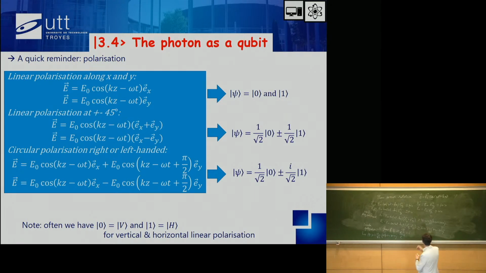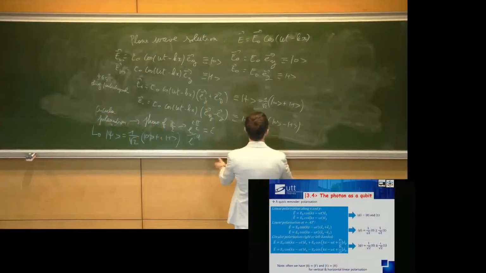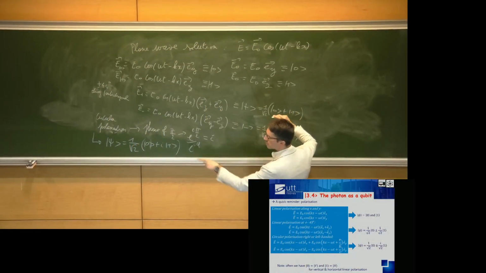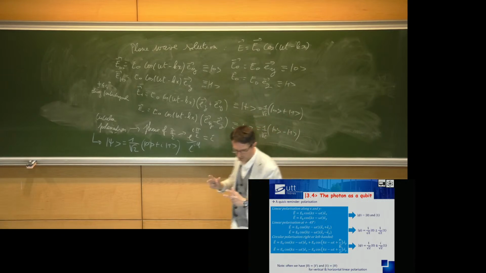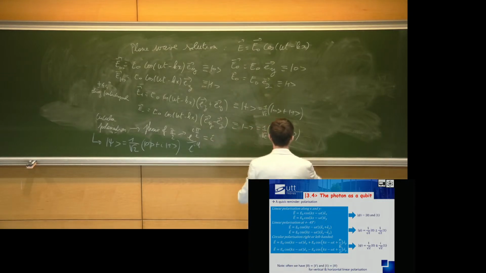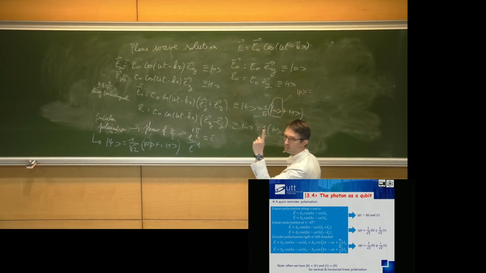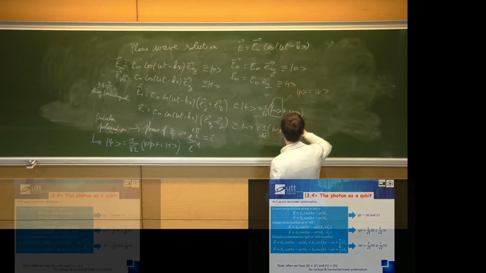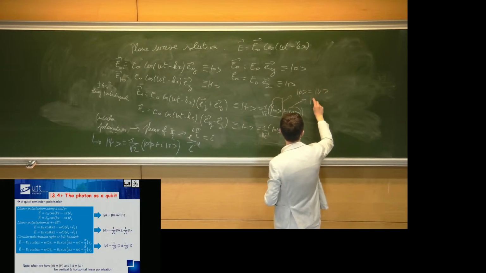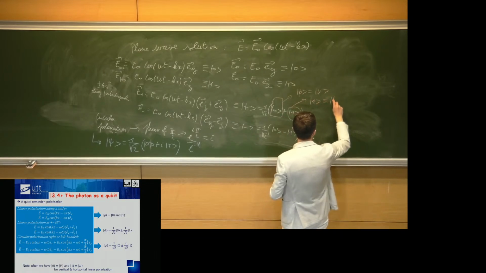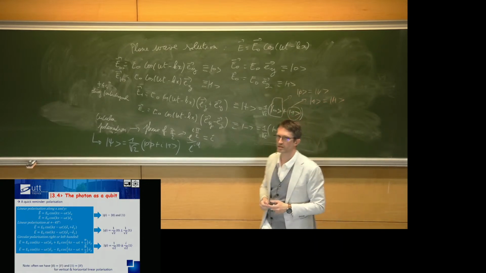Like I did here, I used plus minus, but physicists like to use V. I believe usually the 0 is the so-called vertical polarization state, and we call it V, and the 1 is the horizontal polarization state.